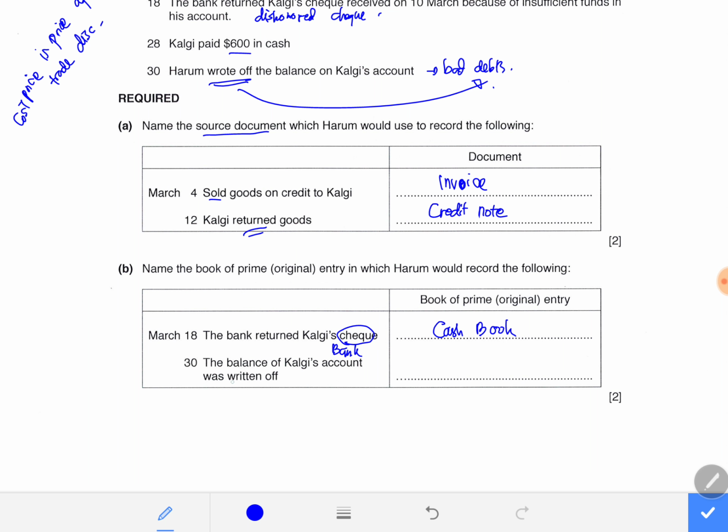The balance of Kalgi's account was written off. It's bad debts. Bad debts is not categorized as sales on credit, sales return, purchases on credit, purchases return, or cash book, so it has to be recorded in the general journal.